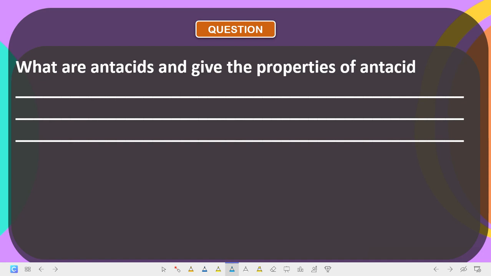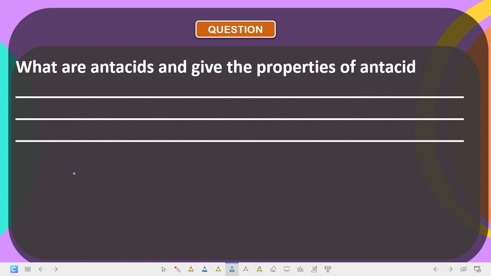Pepsin is an enzyme that works on protein in the stomach. So antacids sometimes inactivate these enzymes, and antacids are generally taken to neutralize the acidic secretion of the gastric juice. Are we getting it now? So that is what an antacid is.